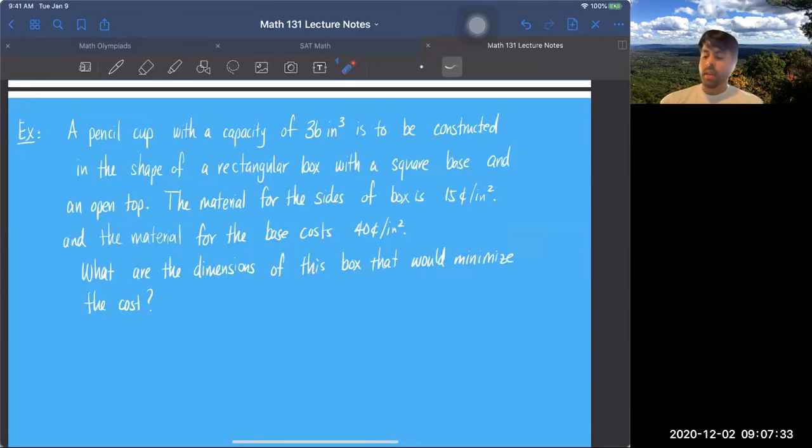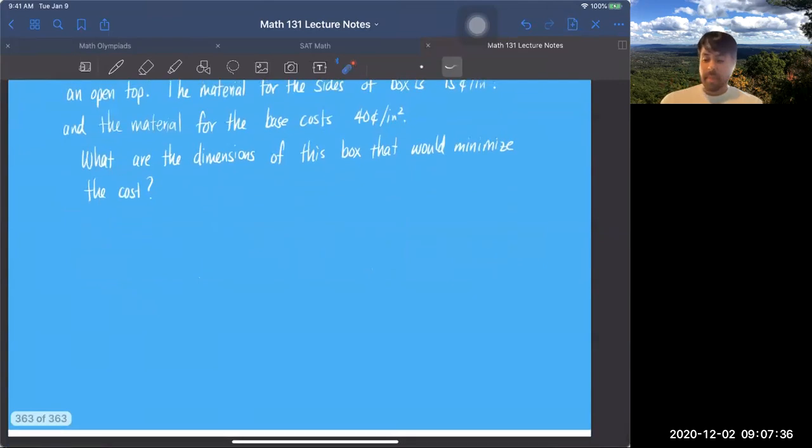So now the question is, how do I do this? First thing we do is draw a sketch. What are we drawing a sketch of again? Well, we have a square base first. So my base is square.